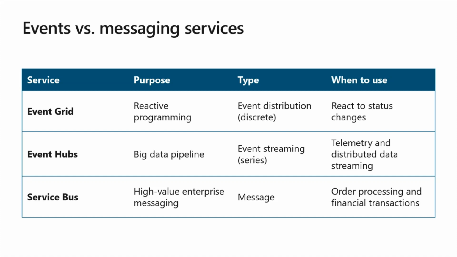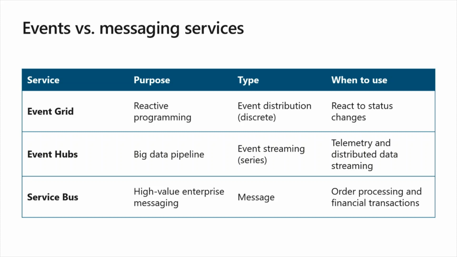Events versus messaging service. So, an event is a lightweight notification of a condition or a state change. The publisher of the event has no expectations about how the event is handled. The consumer of the event decides what to do with the notification.